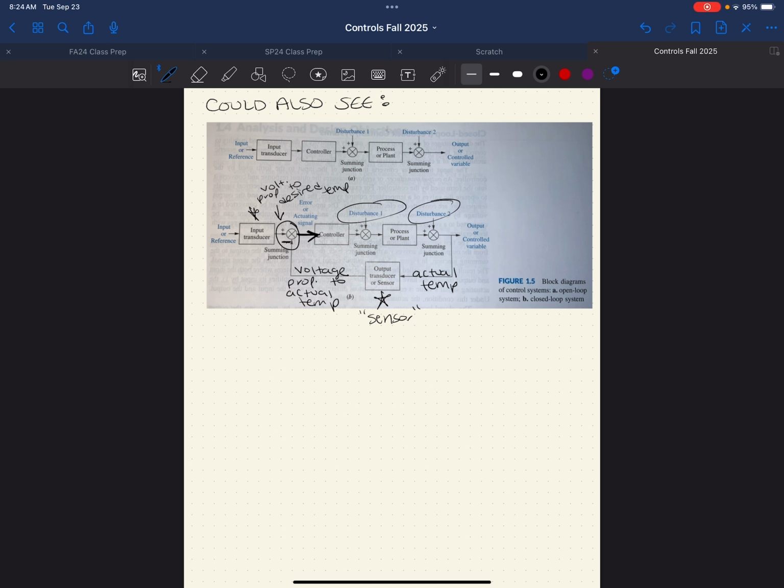So this is how much difference you need to make up to go from the value you're currently at to the value you actually want. Okay, so these are a little bit more complicated block diagrams.